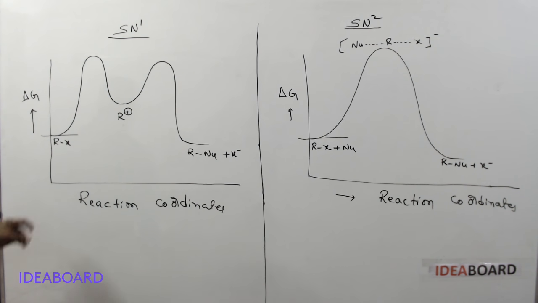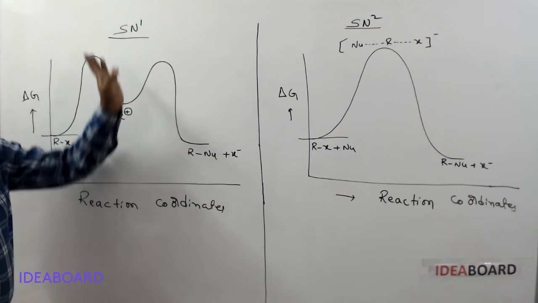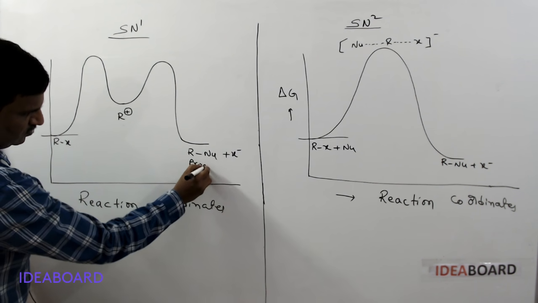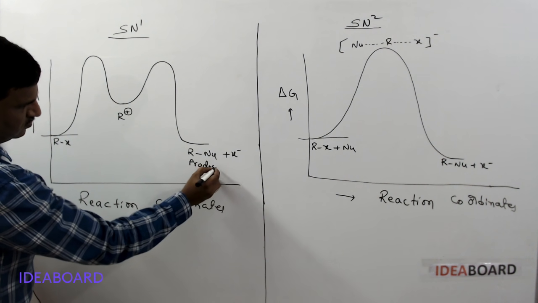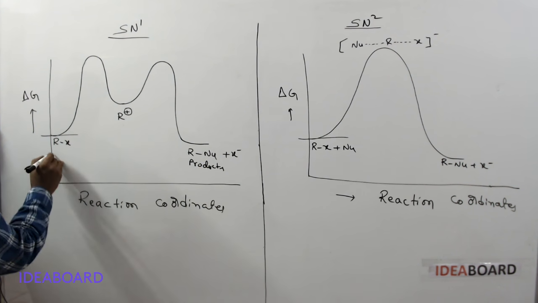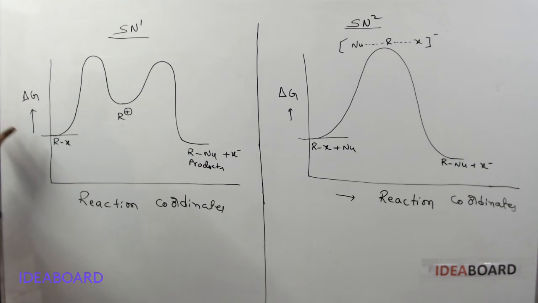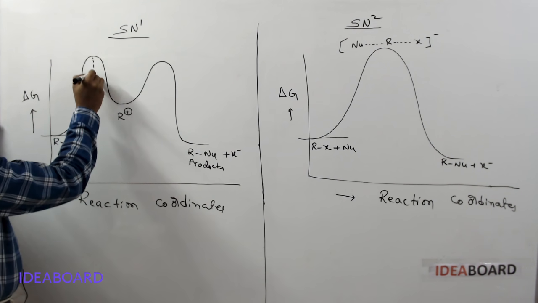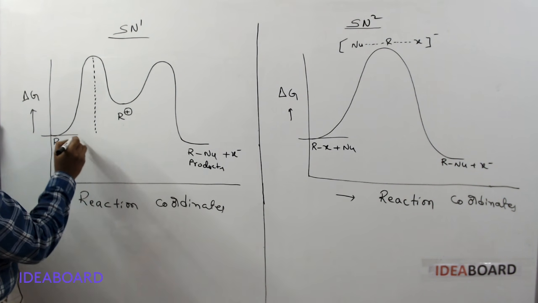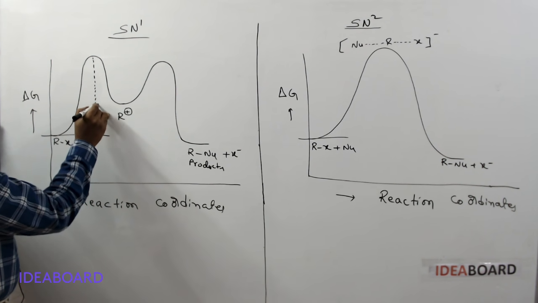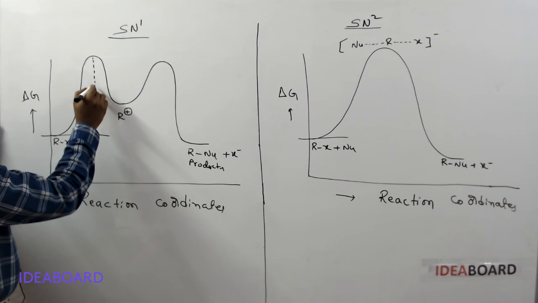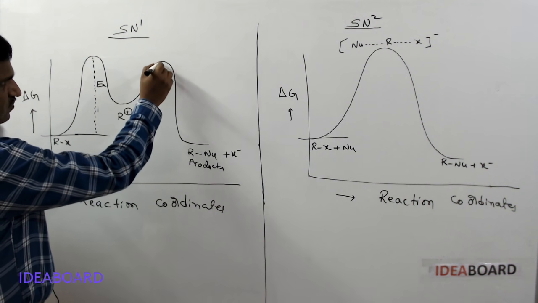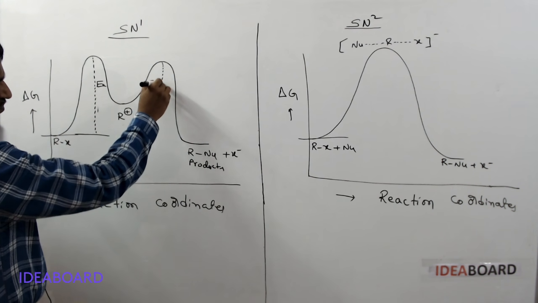The nucleophile attacks the carbocation and forms the product. So this is called the product, and this is called the reactant. From the reactant to the reaction intermediate formation, this energy difference is called the activation energy, and here one more activation energy is there.